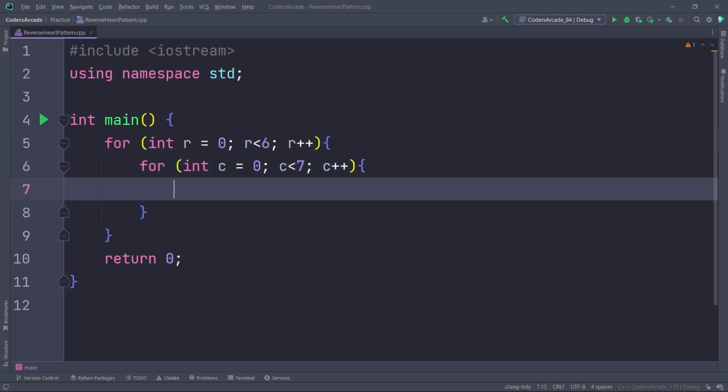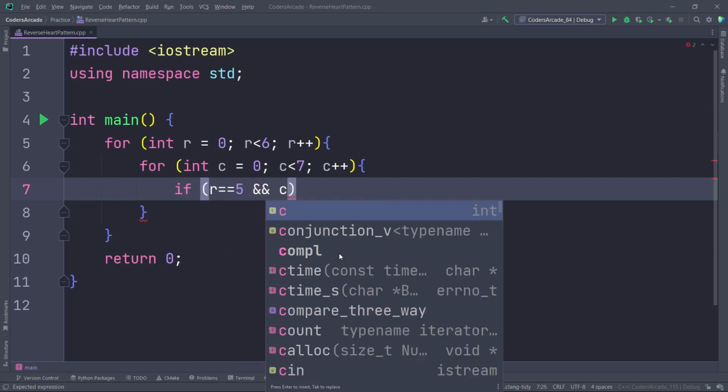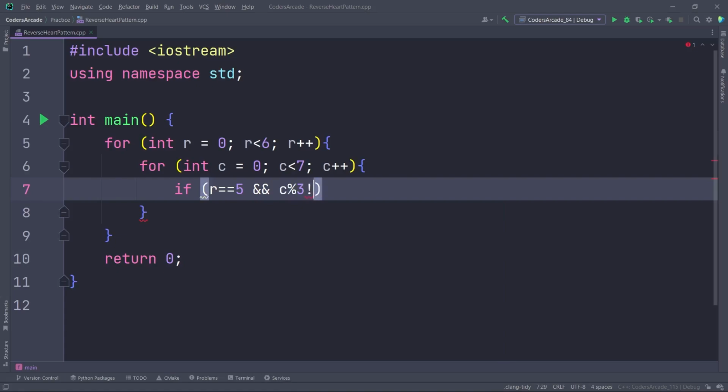We will now combine all the 4 conditions. For the first condition, it was r equal 5 and column modulus of 3 not equal to 0. Then the second one was r equal 4 and column modulus of 3 equal to 0.